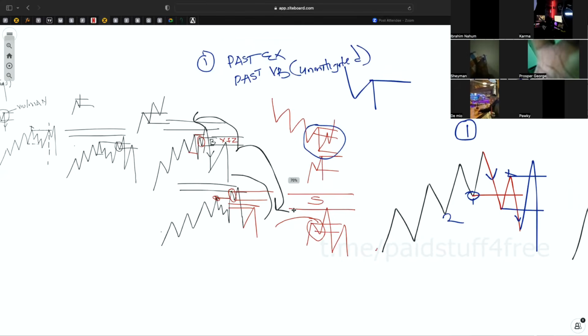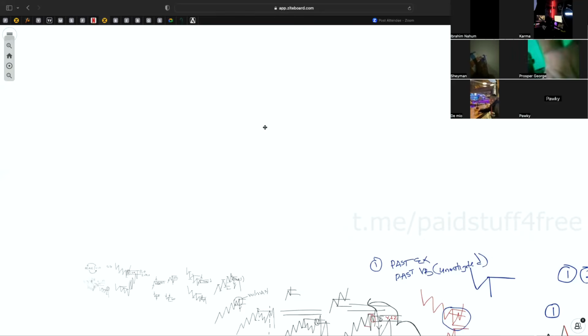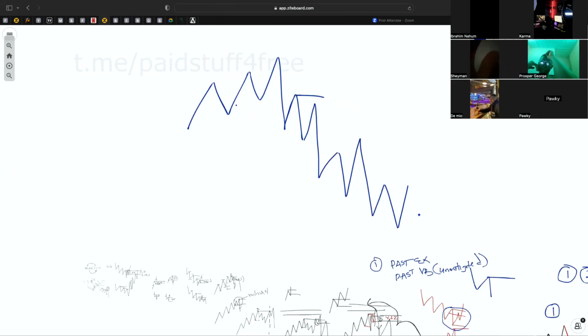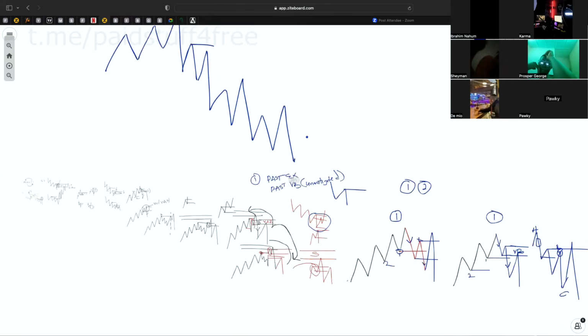What does that mean? We all know that when the market is moving like this, break structure, pullback, this is an external liquidity, then it's sell off. So now imagine the market does this, then it keeps going into the future.